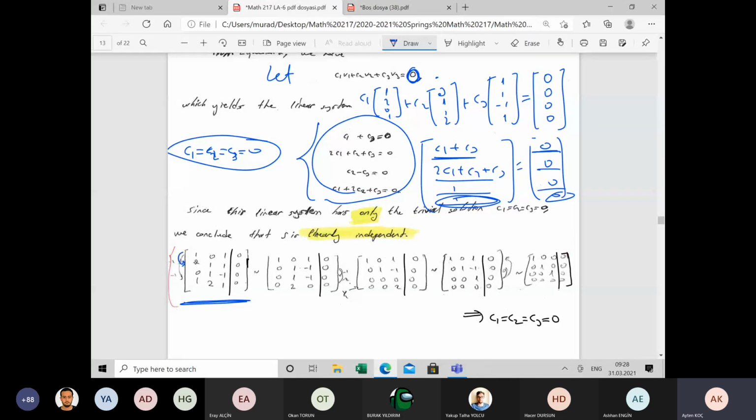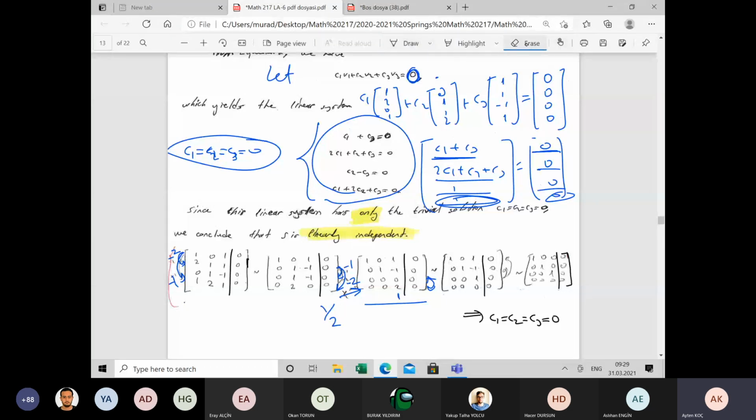And then we obtain the next matrix. To get 0 here, multiply by minus 1, multiply by minus 2, and we obtain the next matrix. To get 1 here, multiply by 1 over 2, and also interchange this row because the zero row should go at the bottom.